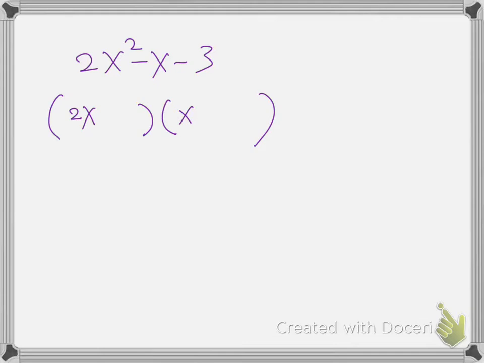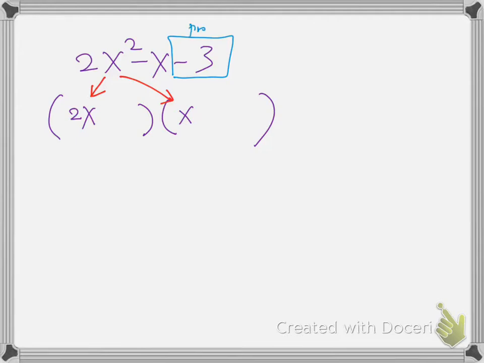We split x squared into 2x and x, and we also split 3. When we split 3, we have several cases. The product is negative 3, just like the previous case.